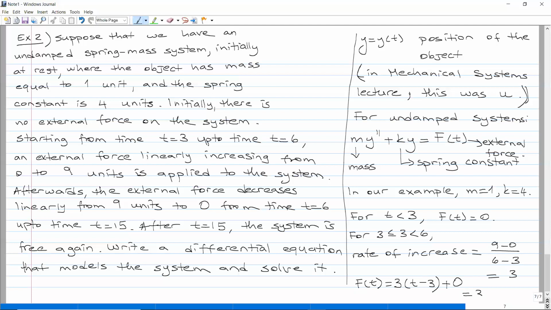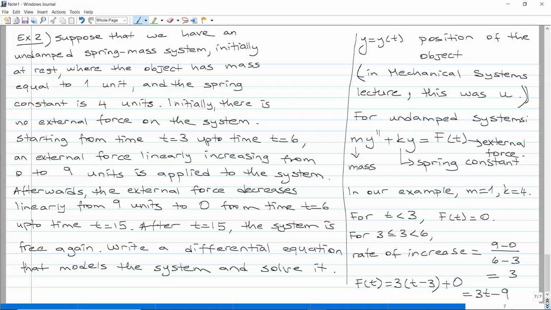So 3t minus 9. Let me see if I did this right. Yes, at time t equals 3, the force is 0, and at time t equals 6, the force is 9 units.